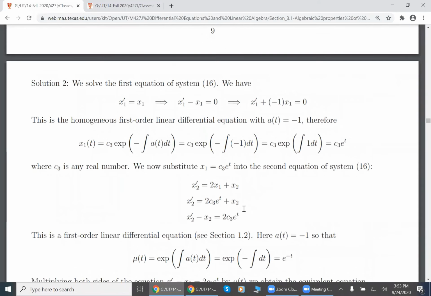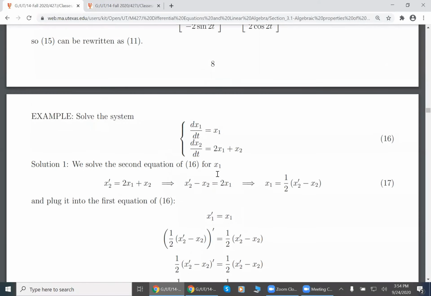Solution 2. Let me go back to our system. It turns out that we can solve this system in a different way. Note that equation number 1 is an equation of just one function, x1.